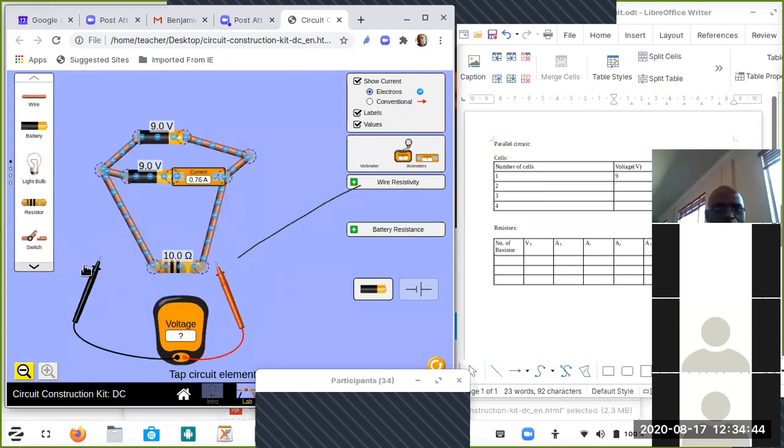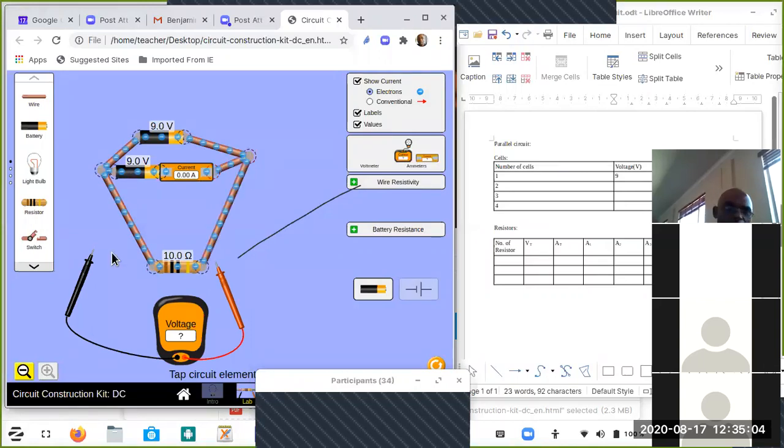So we now have two cells that are parallel to each other, right? Now we just want to find out how much voltage is across the resistor. There we go. How much voltage is across the resistor when we have two cells?